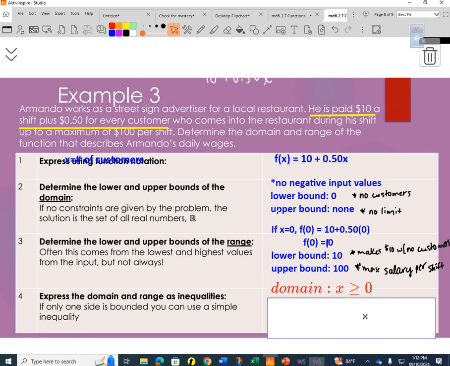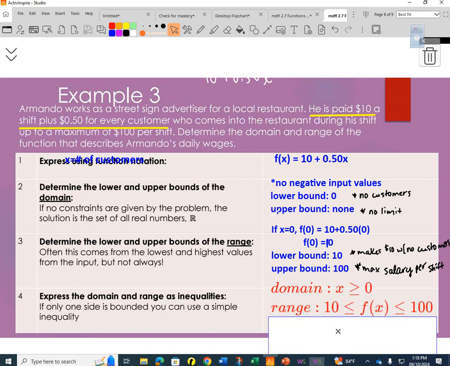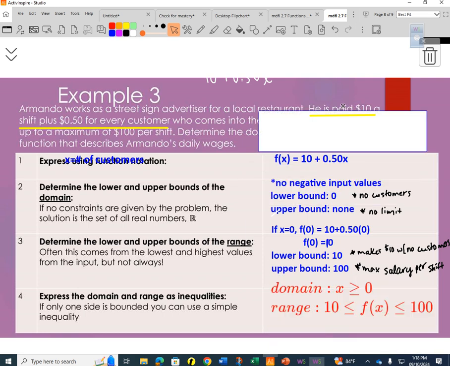Now our output, what is the range, the range of values or the inequality that we could write to represent the range? Remember, the range is the possible outputs for the function. So what's the lower boundary for the output? $10. What's the upper boundary? $100. You'll remember, it's called a compound inequality. You learned this in algebra.